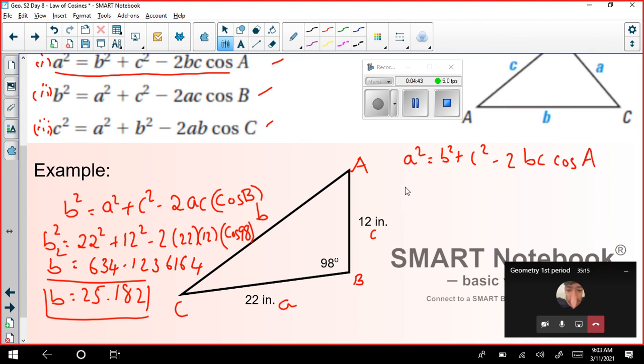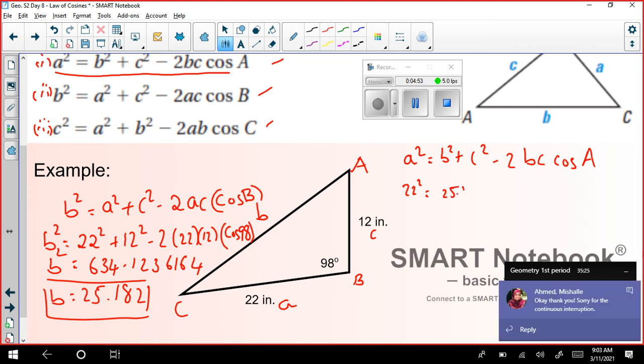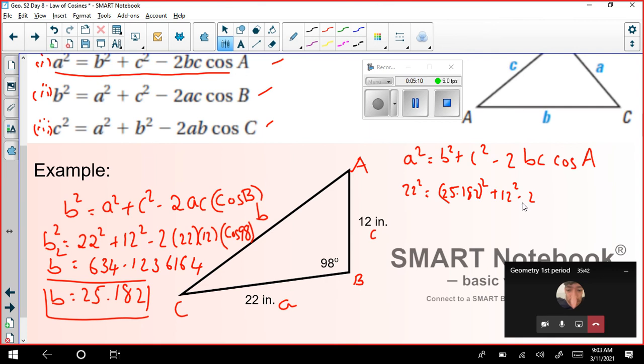So I have the small a as 22. So 22 square equals b square, which we found to be 25.182, and c square, which is going to be 12 square, minus 2 times bc times cos A. In the calculator when you put this, you can just put parentheses here, that is better, otherwise there is a chance of going wrong.